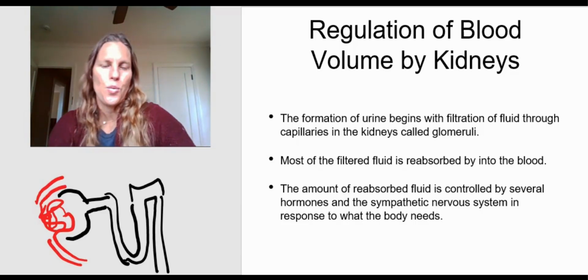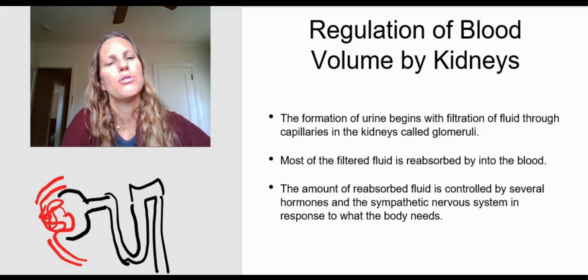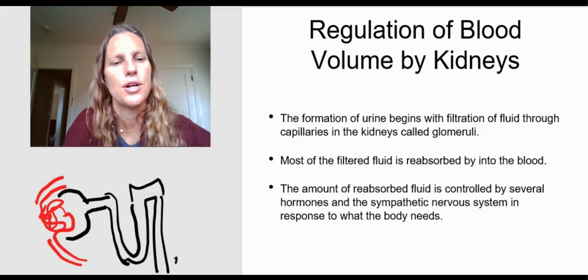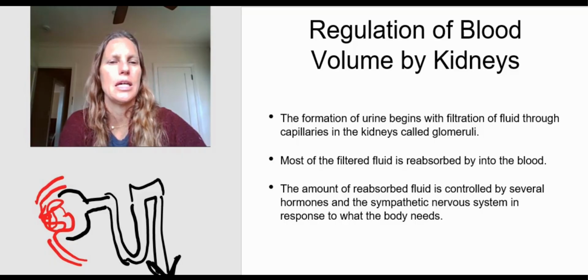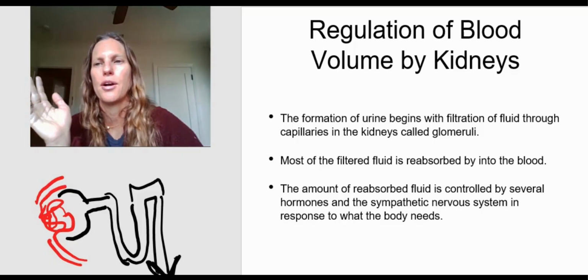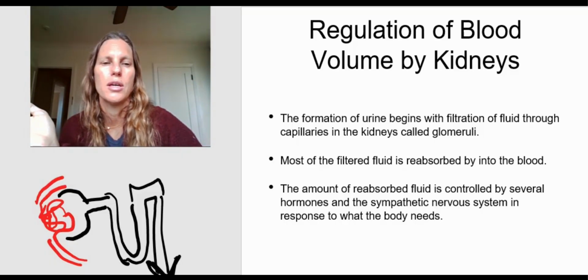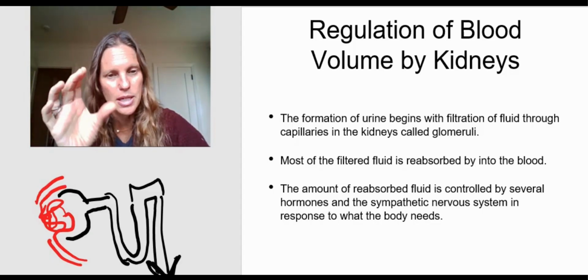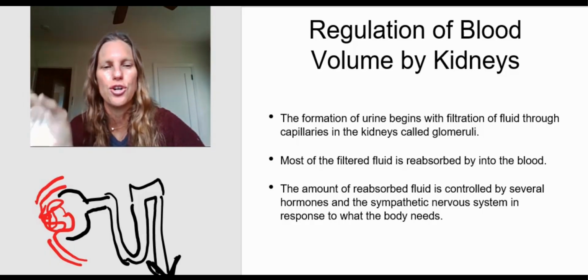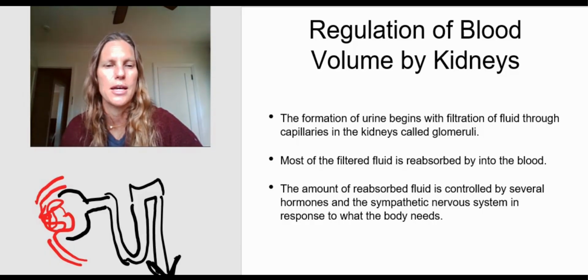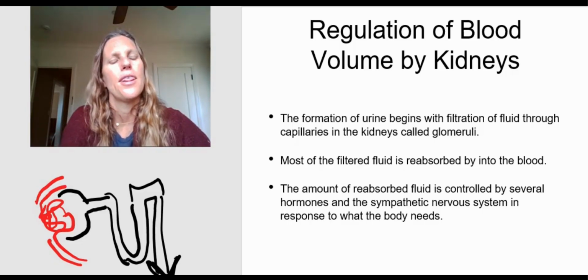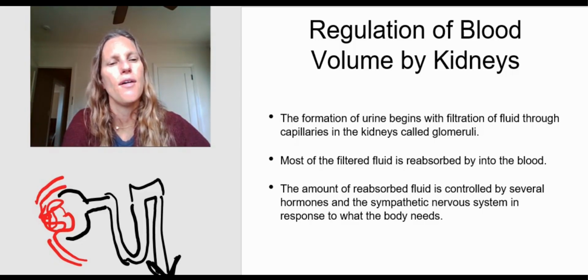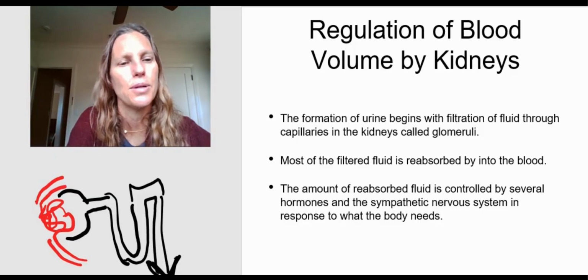Whatever comes out of the end of the collecting duct is going to go into the renal pelvis, and it's ultimately going to leave the kidney, go to the ureter, to the bladder, to the urethra, to the outside. It's urine. But the whole process starts off with filtering the blood here.